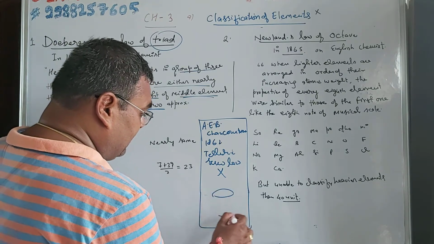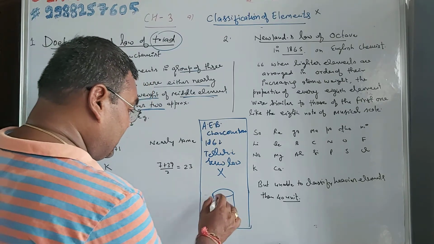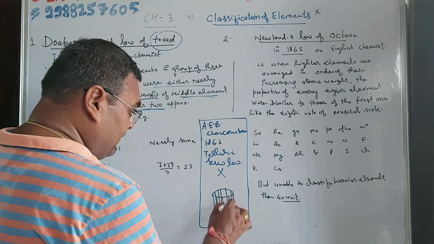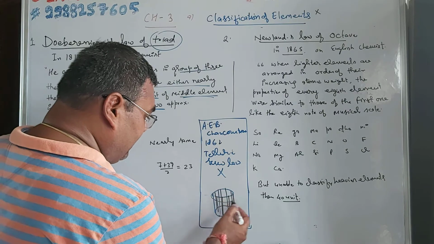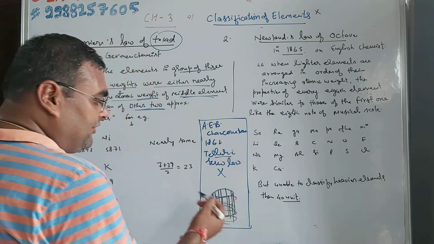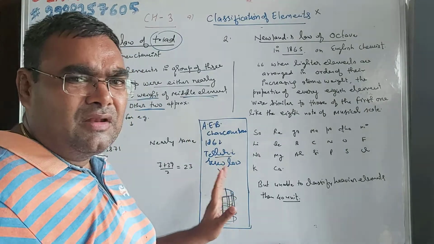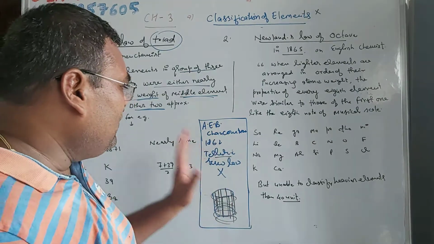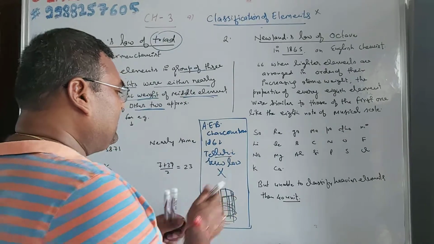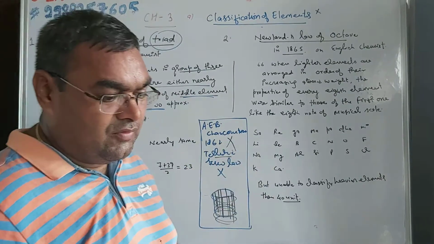He took a cylinder divided into 16 vertical columns, and observed that when elements are arranged along the helical, screw or telluric path, elements having the same characteristics lie in the same column. But this classification has no significance and did not draw much attention from scientists. It came in 1862, so this was discarded too.